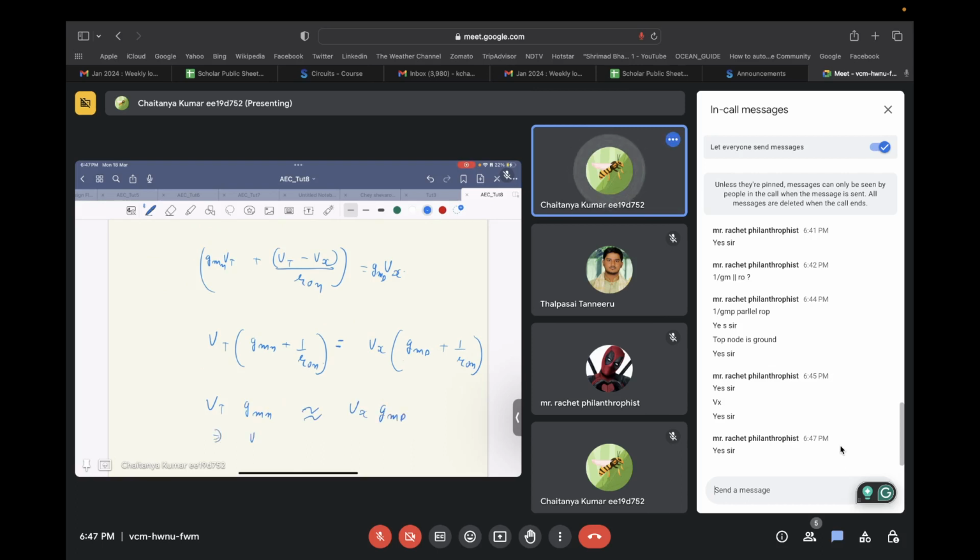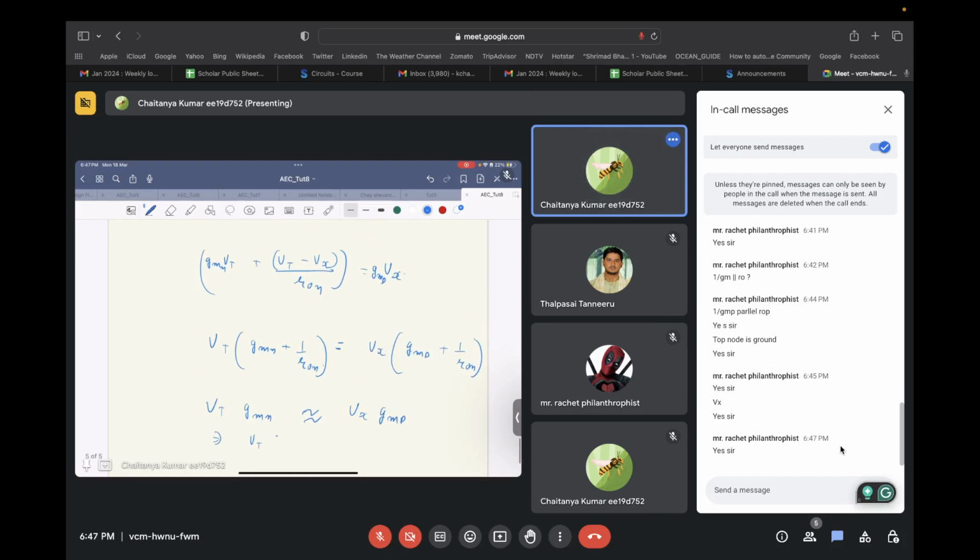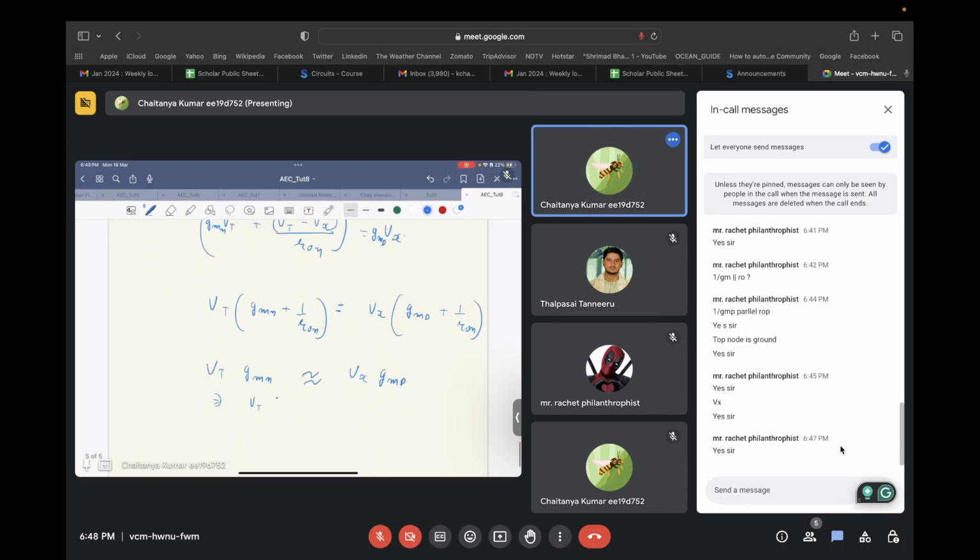That means Vt will be, I have not made a mistake here, right? GMN divided by GMP. This is basically Vx.